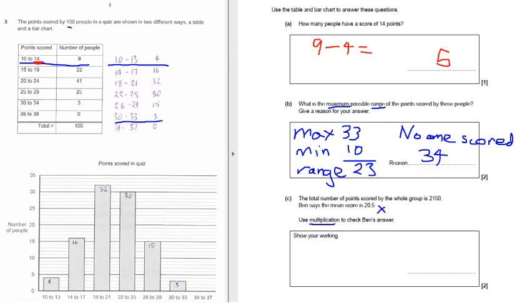So if I times that one by 100, I'm just thinking times by 100, decimal place moves 2 places.